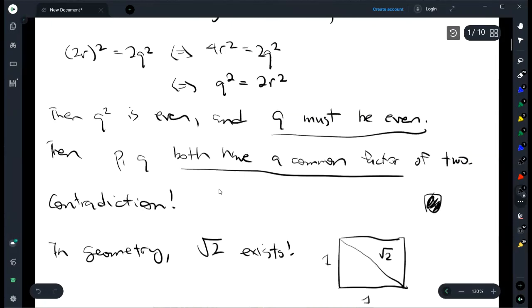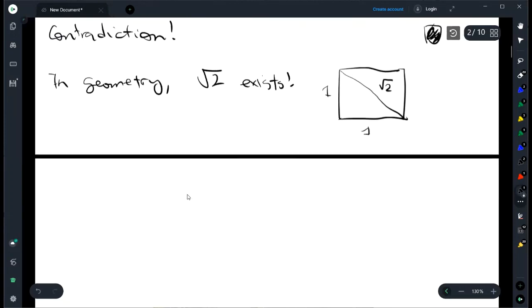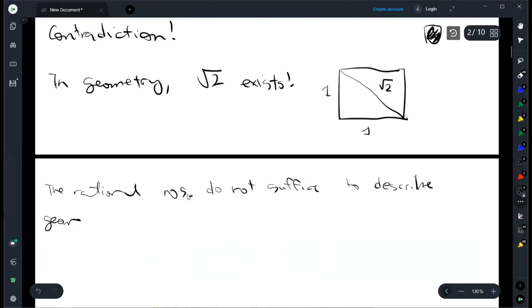Note that here we're only operating in terms of rational numbers, but seeing this observation, we see that the rational numbers do not suffice to describe geometric concepts such as length.